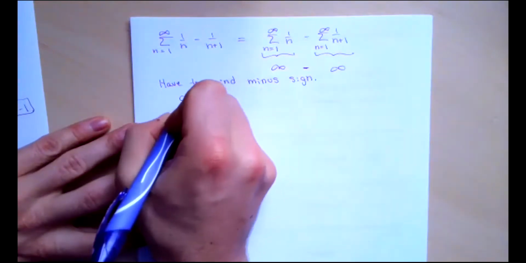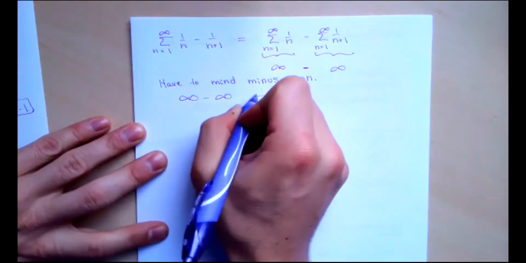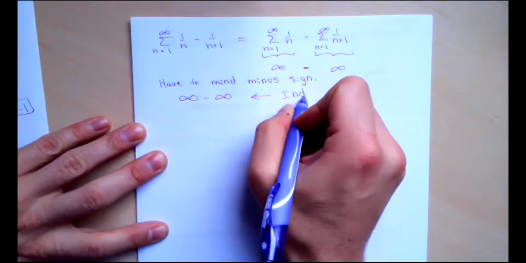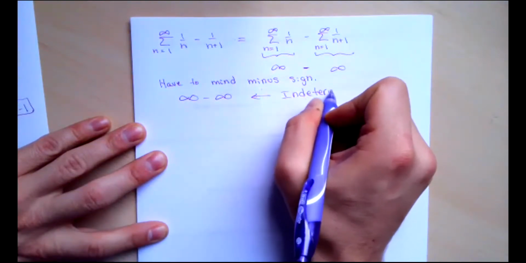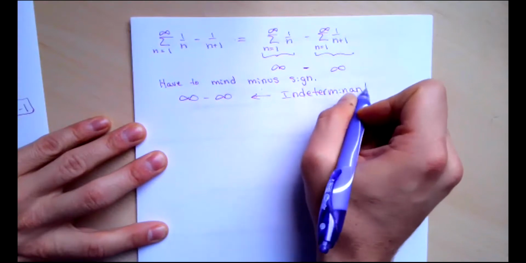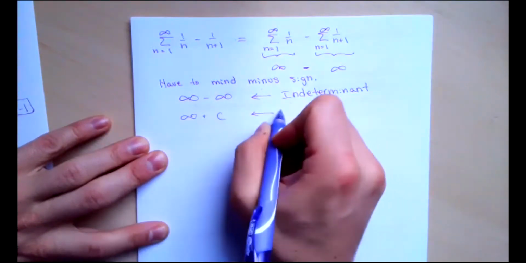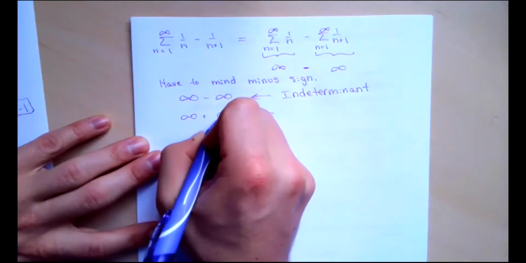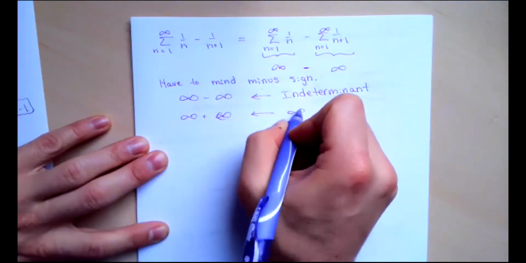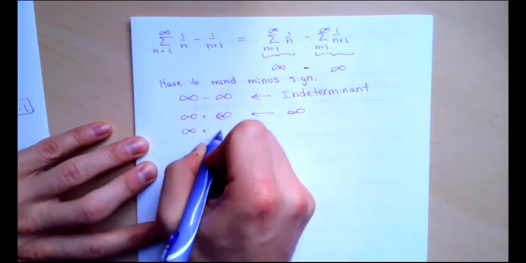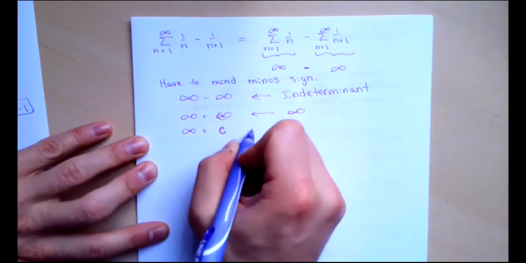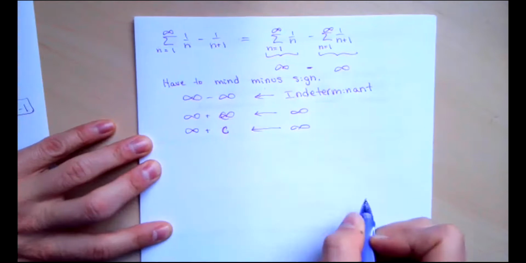So our infinity minus infinity is indeterminate. Infinity plus infinity is infinity. Infinity plus a constant is infinity.